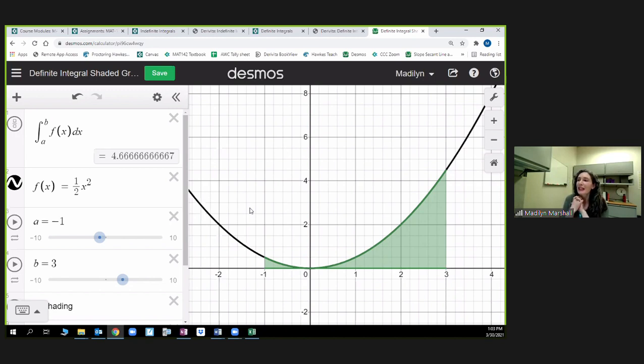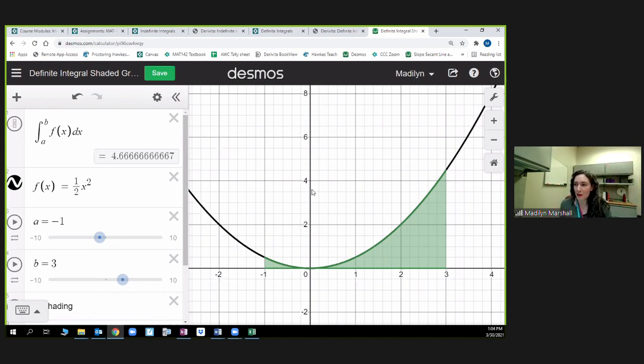The integral in the area sense doesn't always translate exactly to area in an application. For example, one of our applications is going to be consumer surplus or producer surplus, which tells if a producer is able to sell products for a higher price than they expected, then they're going to get more money.